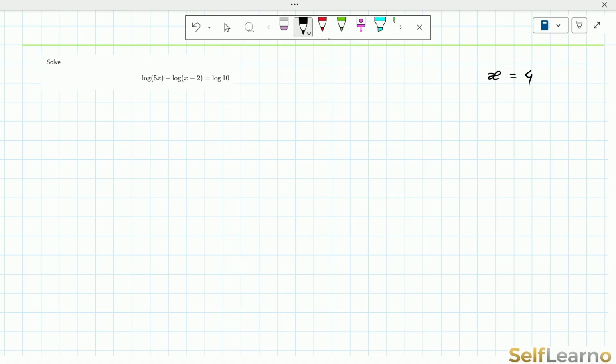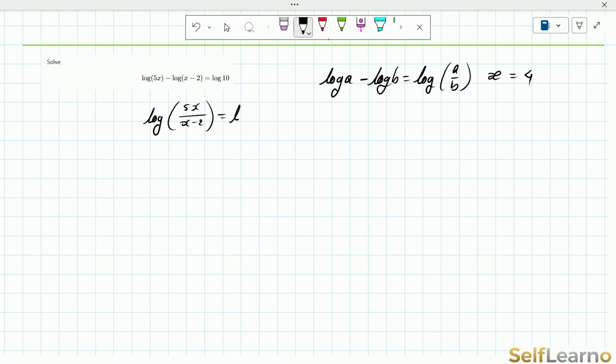I should use this quotient rule: log A minus log B is equal to log A by B. So if I use this rule, then log 5x over x minus 2 is equal to log 10. Let us compare this.